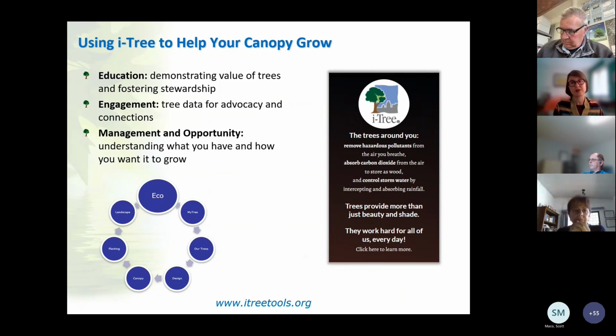The people you're trying to talk to, whether it's about your desire to plant more trees, talk to people about why your project might call for additional plantings, or speak to management and overall care to make sure that you're doing whatever you can to protect the canopy that you have in order of prioritizing some of those benefits.